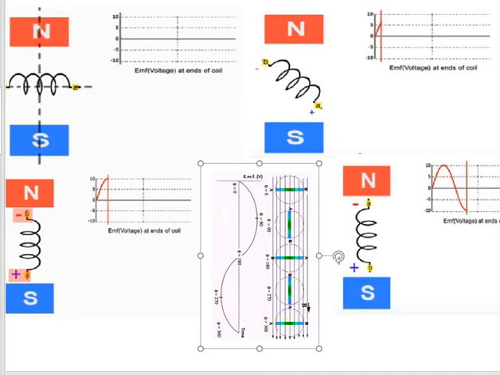So that's how you generate varied EMF as you have a conductor moving and cutting electromagnetic field flux. The coil gets turned to the reference position at 180 degrees and 360 degrees, 90 degrees, 270, and so on.